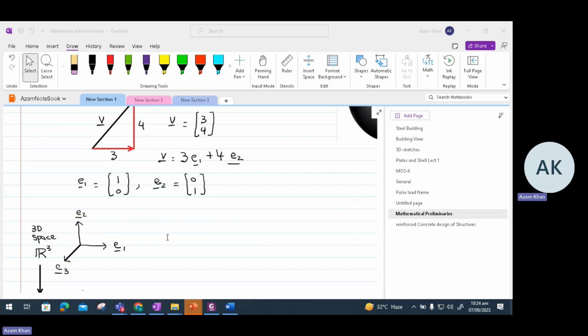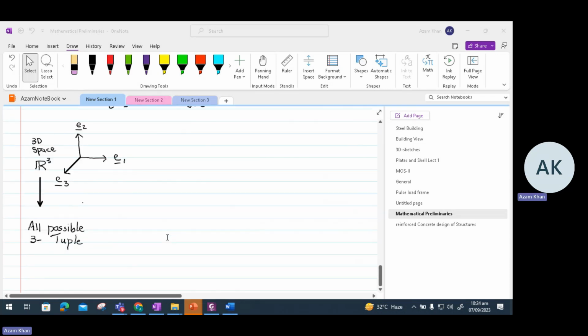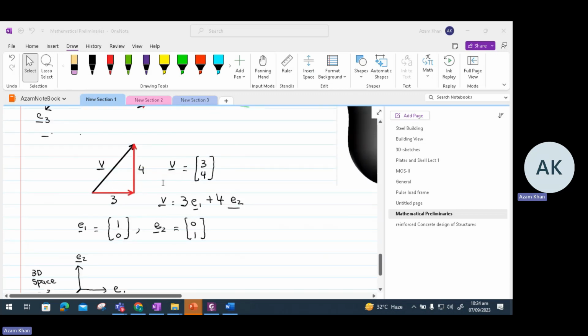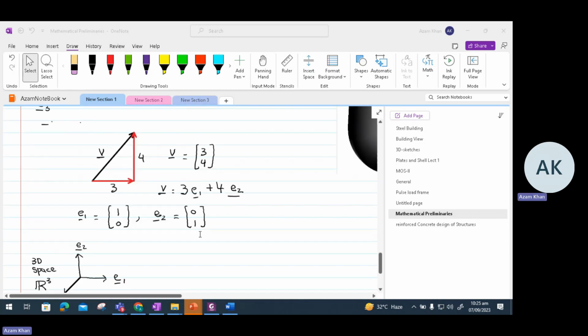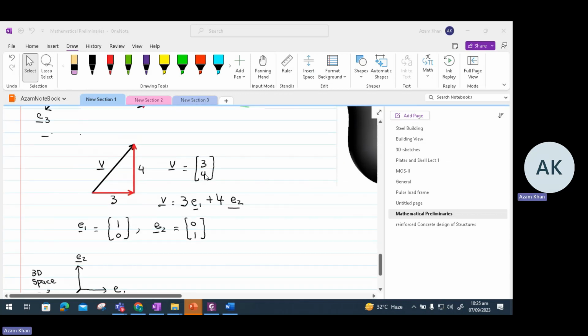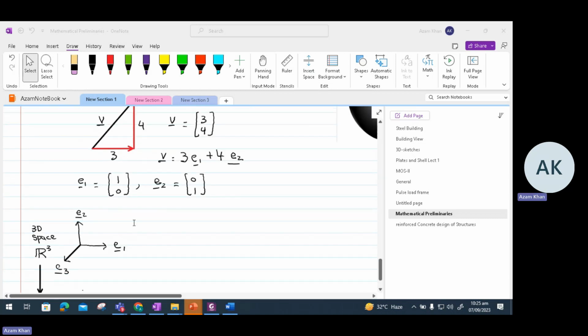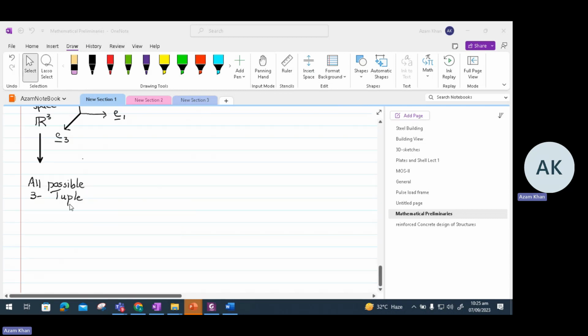So in mathematical or algebraic terms, the components of a vector can also be called tuples. If a vector has 2 components, we say that this is a 2-tuple vector. If a force, velocity, acceleration, or any quantity has 3 components, we call it a 3-tuple.